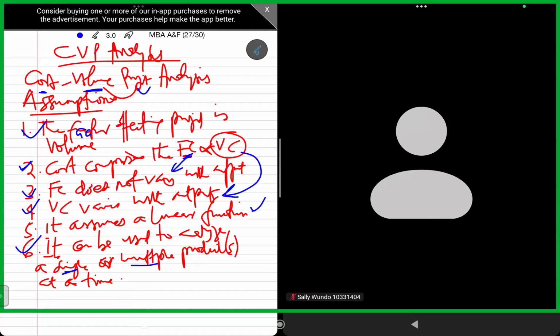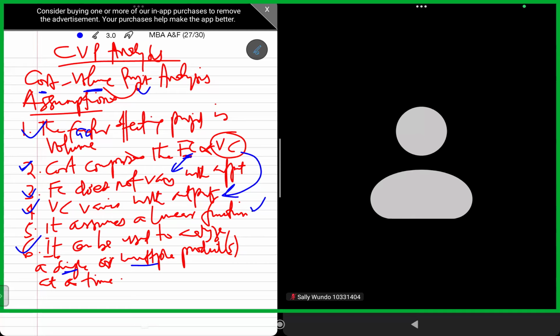And I said that CVP analysis is used for decision making. So when we say decision making, we concentrate on the variable component of the costs. And the variable components of the costs are the material, labor, and overheads. So we are going to concentrate more on that in computing.